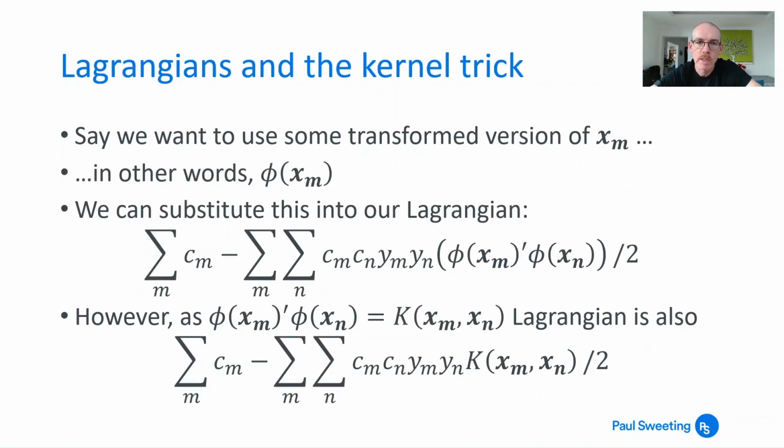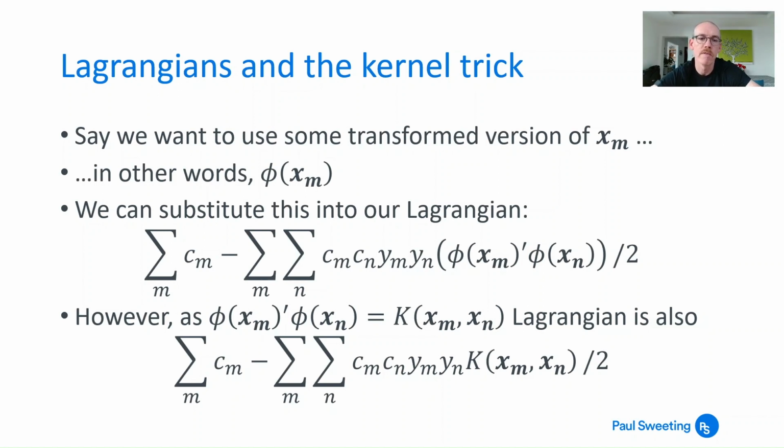So, if you want to use the kernel trick, you want to use some transformed version of xm, in other words, phi of xm. And all you do for a Lagrangian is substitute that directly into the Lagrangian. So you end up with the sum over m's of cm minus this double summation of cm cn ym yn phi of xm transpose phi of xn over 2.